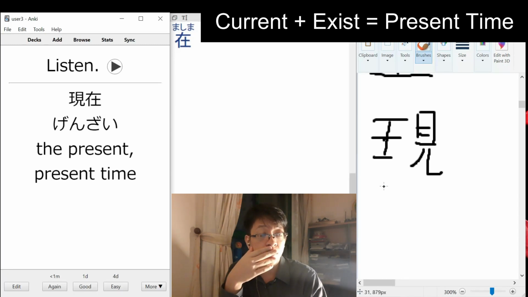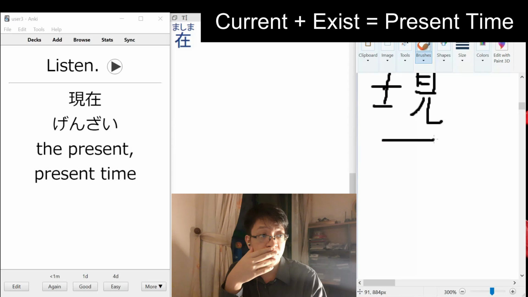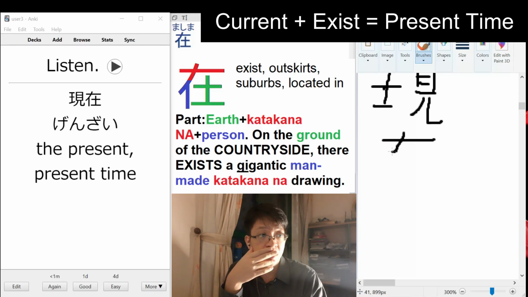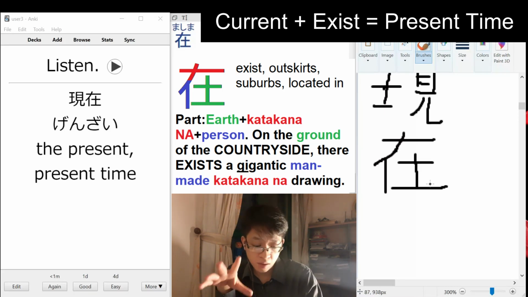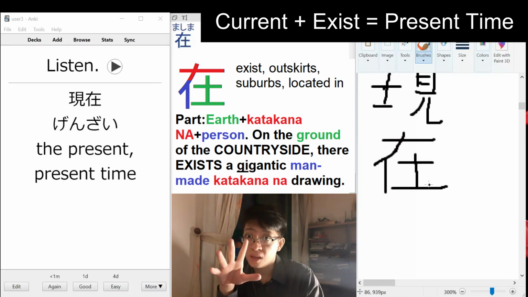Anyway, for the mnemonic, we have a katakana here, and then we have a person, and then we have the land or the ground. Yeah, so the mnemonic is like on the ground of the countryside there exists a huge man-made katakana drawing. Yeah, a huge man-made drawing of katakana.